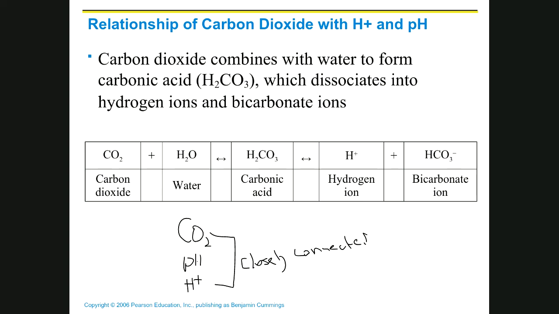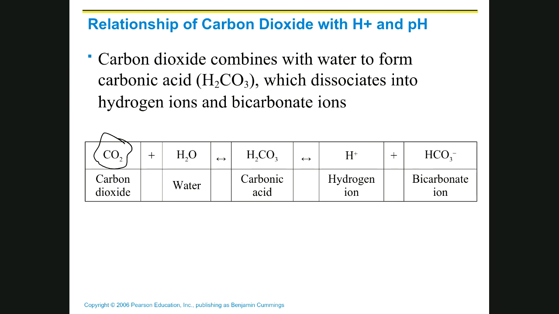And this is why. If you put carbon dioxide in water, just like putting it in blood, some of that carbon dioxide will chemically combine, and it'll form something called carbonic acid.